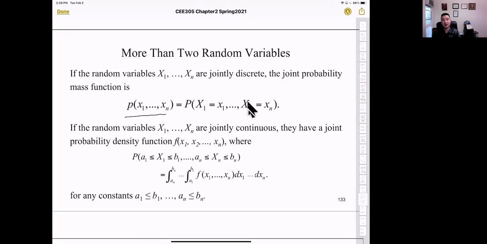If the variables are jointly continuous, then the joint probability density function will be this. To calculate the probability, we could either do the sum or do the integration multiple times, depending on how many variables we have. That's the general format of the equation.